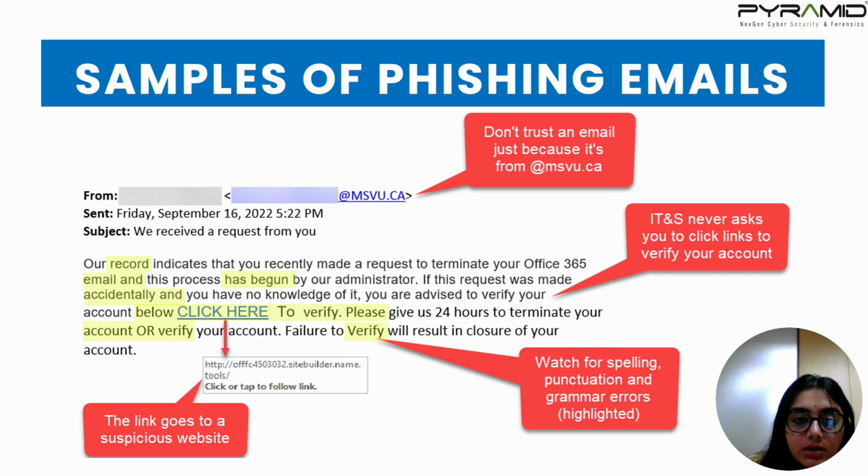Many companies do not ask you to click on any links so that you can verify your account. Always watch for spelling, punctuation and grammar errors, like this "verify", where the spelling is wrong. So make sure that you stay away from these kinds of emails.